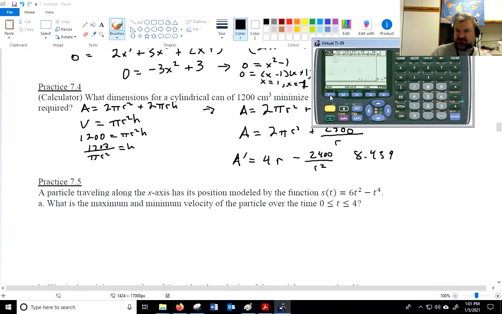So if you go to the y equals button, diamond y equals, and then we'll type it in as 4x minus 2400 divided by x squared. And there you can check the pretty print, and diamond F3 will graph it.